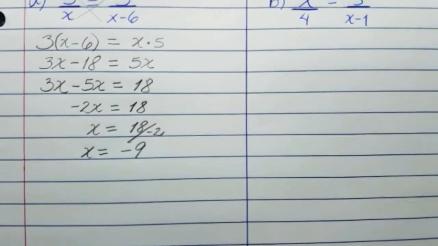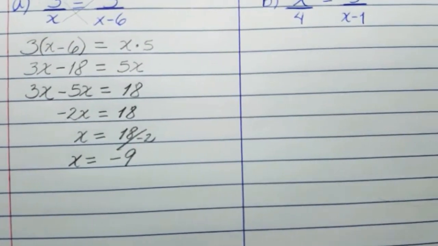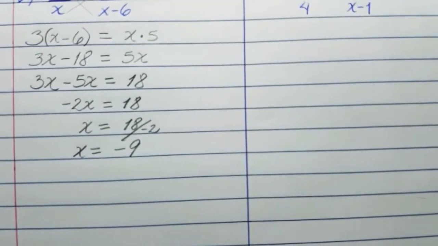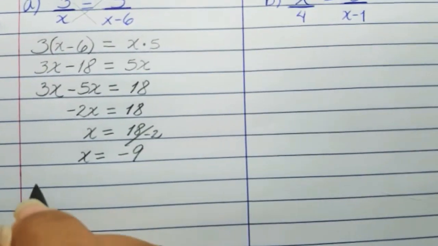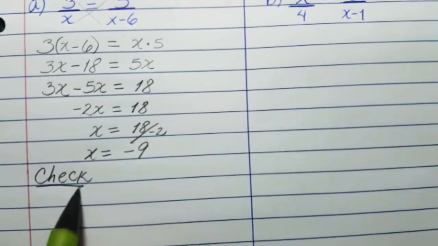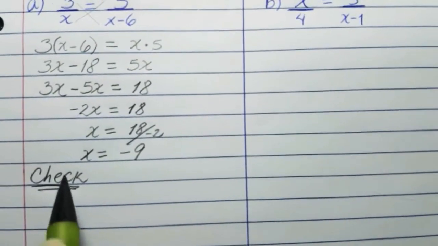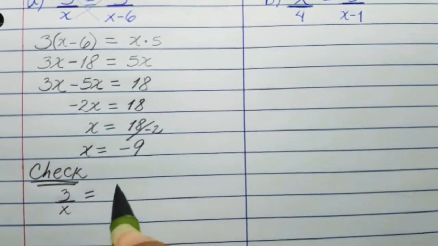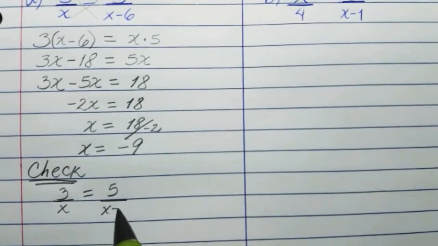Apparently that's my answer, but since we're working with rational expressions or rational equations in this case, we must do a check. So let's perform a check. Let's rewrite the original equation. 3 over x equals 5 over x minus 6.